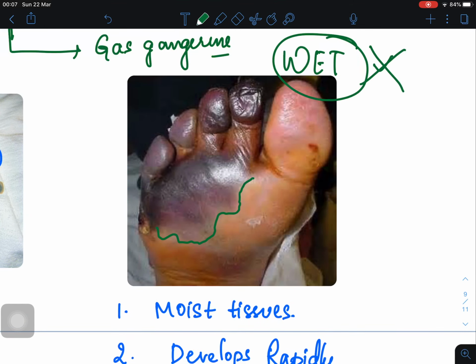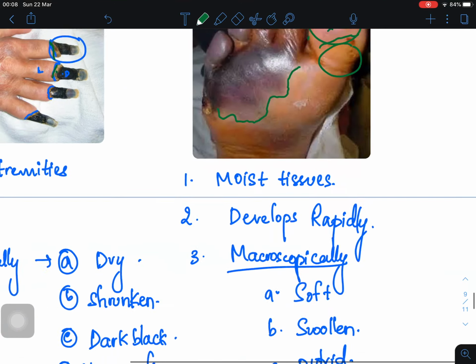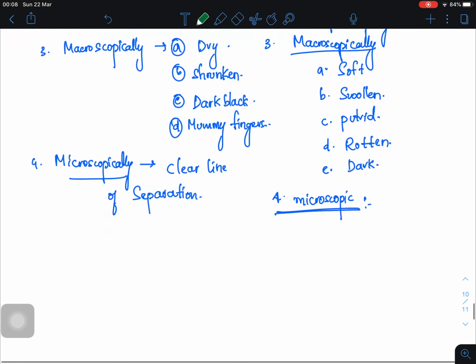The line of separation in the wet gangrene is not clear. Then what happened to the thumb? You see in the thumb, slowly this part is developing gangrene, right? Because it has turned red in color. Compare this part and this part, the upper and the lower one. So there is no perfect line of separation, right? So I can write it as no clear line of separation.